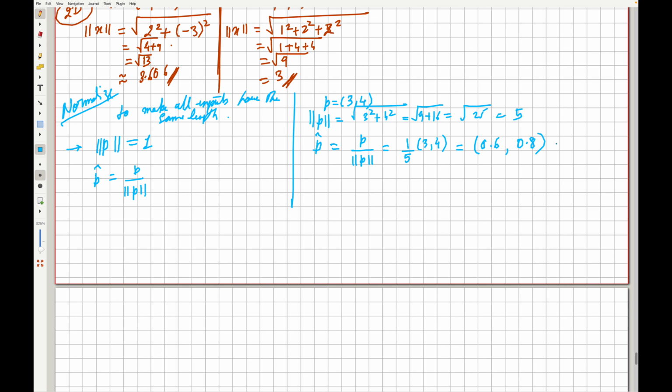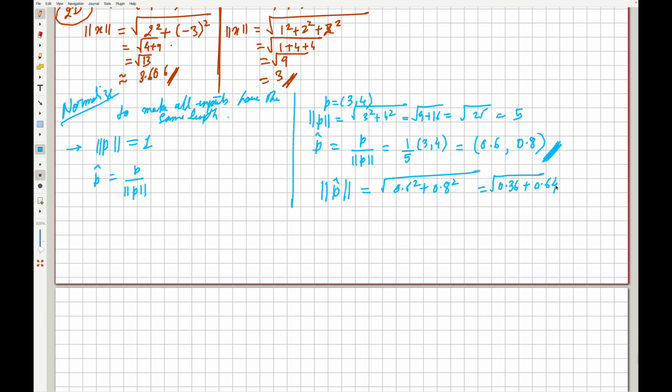And so this is now a normalized vector, and what we are saying is that it should have a length of 1. Does it really have a length of 1? We can check that by calculating its norm: we square each of these components, add them up, and take the square root. 0.6 times 0.6 is 0.36, and 0.8 squared is 0.64.